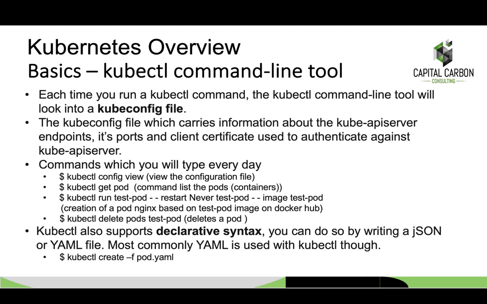Some of these commands are displayed on this slide, commands which you will type every day on this utility: config view, get pod, run test pod, delete pods. These are commands which you will get acquainted with when you start using this utility.